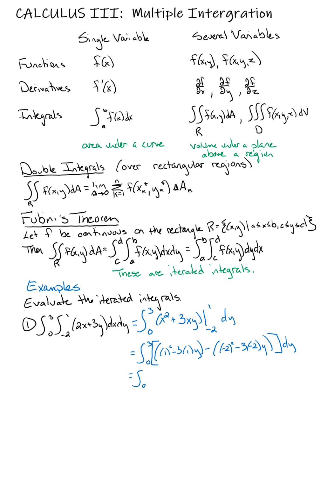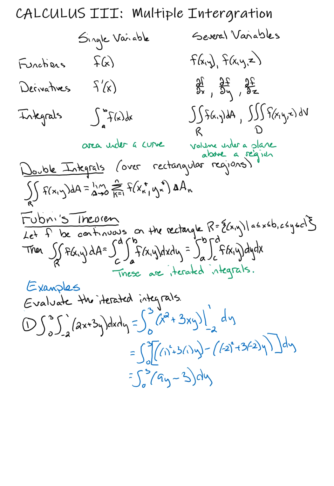Let's simplify all this inside here. Oops, and that's supposed to be a plus. There we go. That's going to give us 3 and 6, that's 9y, and then 1 minus 4 is negative 3.